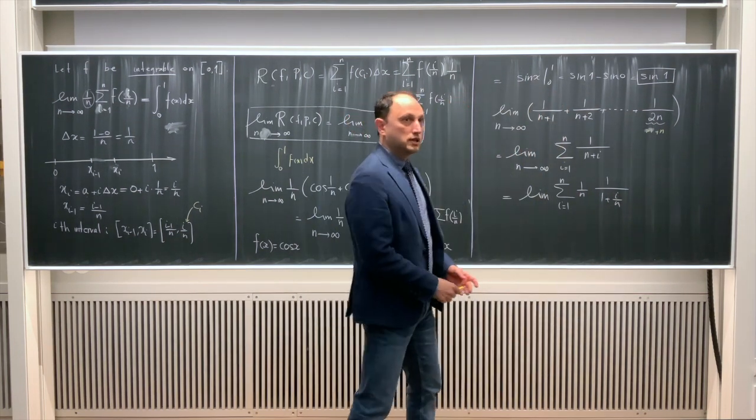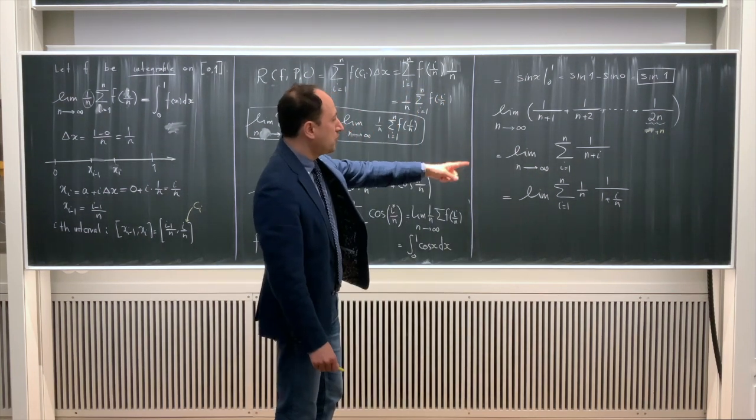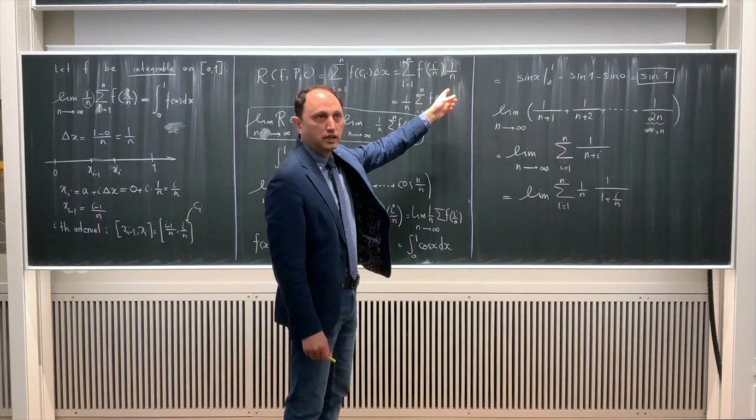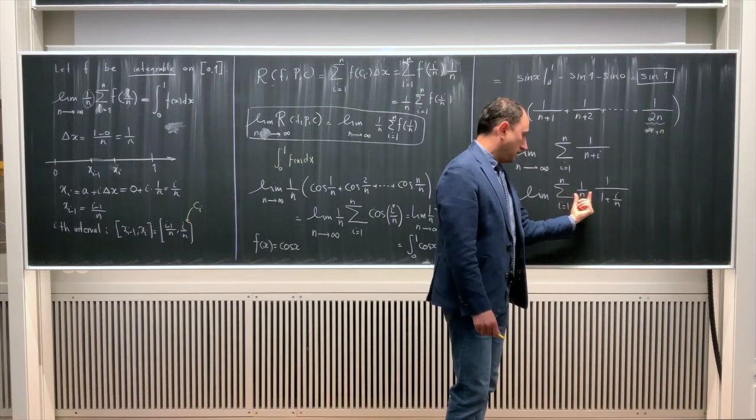What was the motivation? If you understand that this problem is supposed to be solved using this trick, then you need this 1 over n there, so I factored it out.